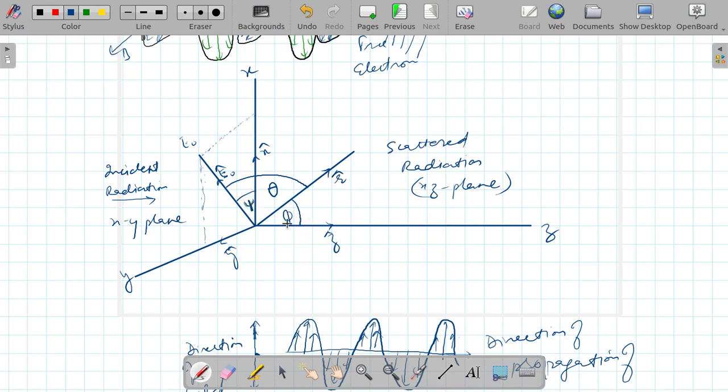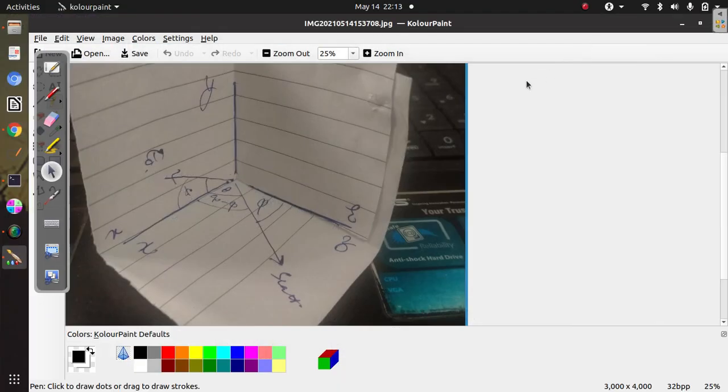For this, I cut a paper in three-dimensional form and try to show it. So let us have a look at that. So see, this is the diagram which will help us.